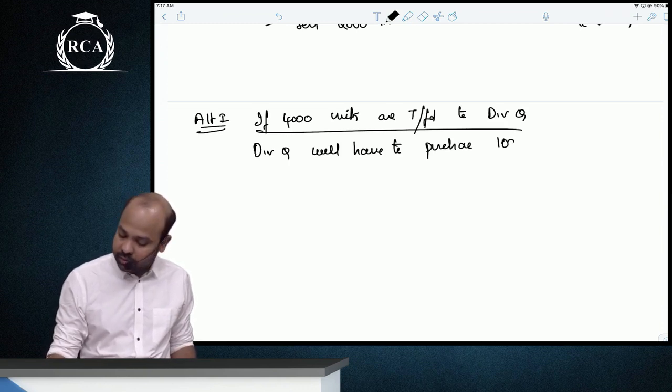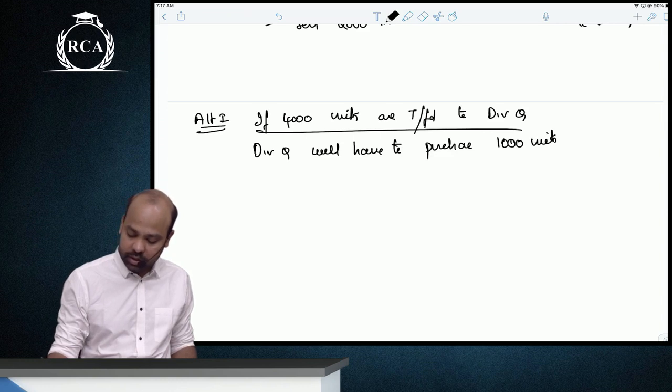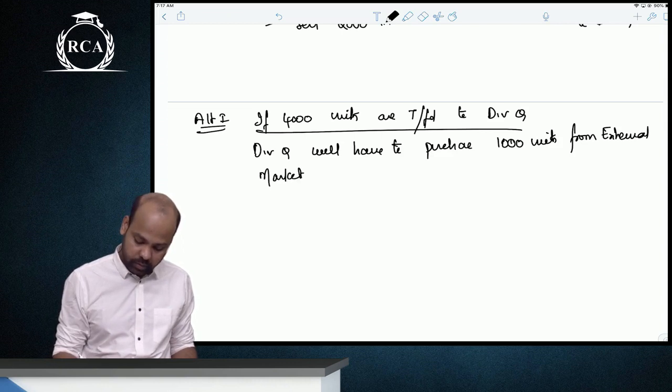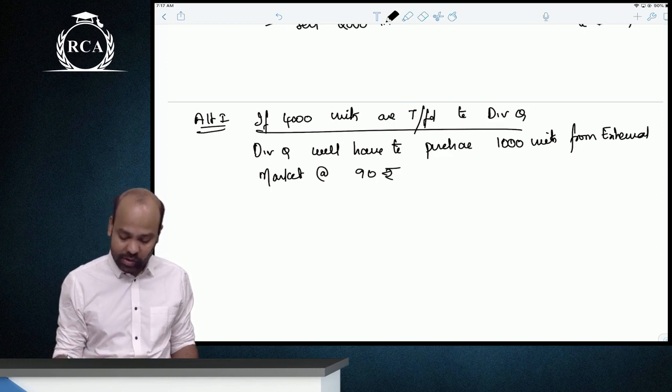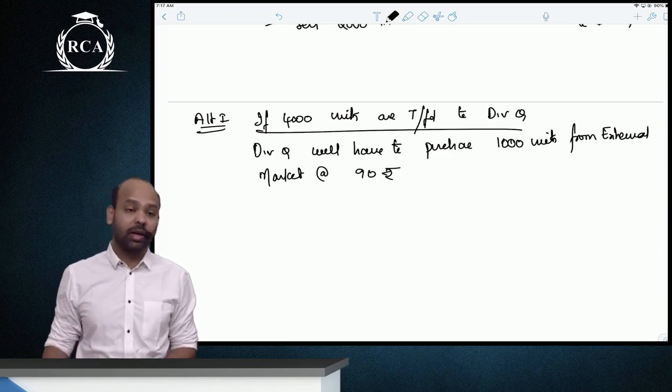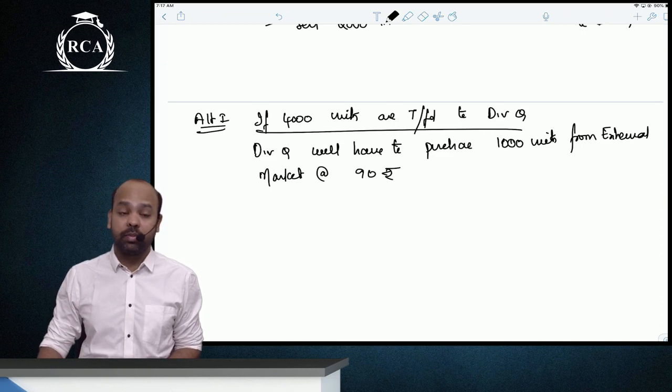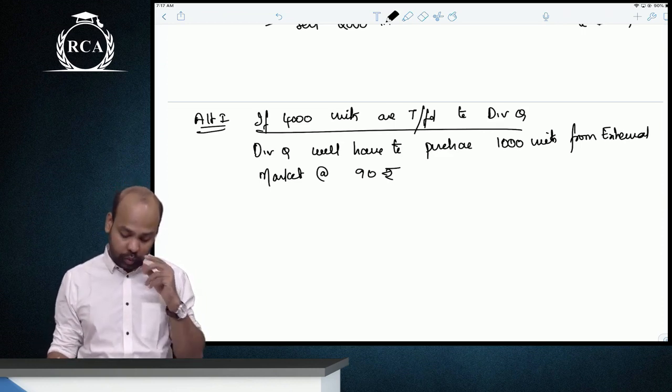Check their purchase slab rates, but it is going to be 90 rupees as such, guys.